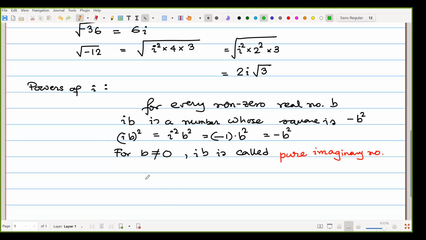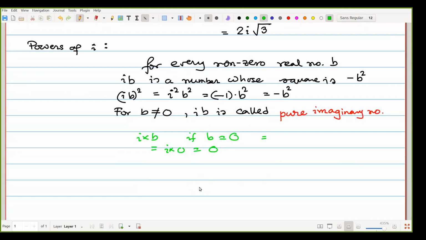Suppose we are writing i into b. So if b is equal to 0, that means the result is becoming i into 0, or 0. But that is not an imaginary number, because here the number is representing the value 0. So that's why b must not be equal to 0.